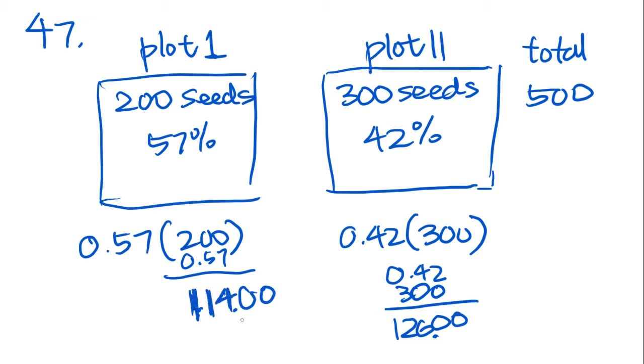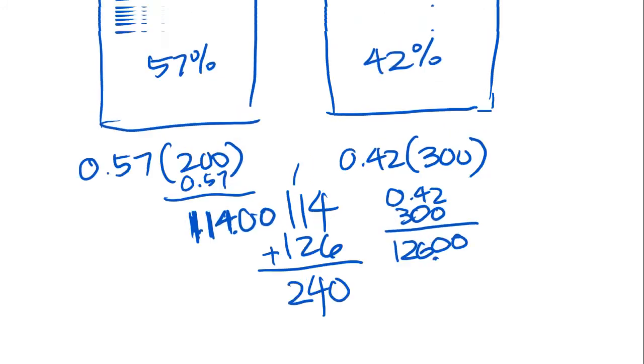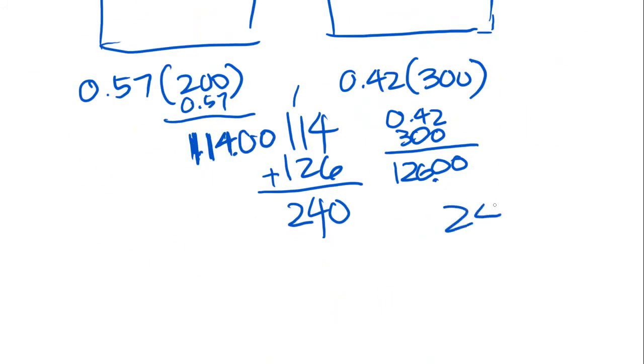All right, now let's add these two numbers together. 114 plus 126 gets us 240. 240 over 500 is what percent?